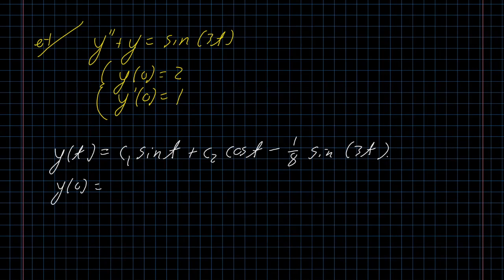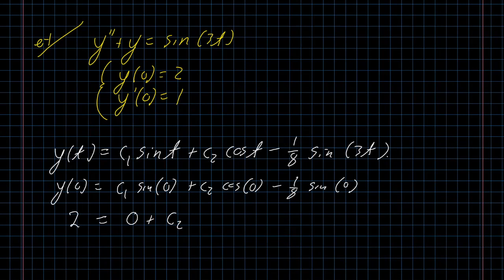Y of 0 is going to be C1 times the sine of 0 plus C2 times the cosine of 0 minus 1/8 times the sine of 0. Sine of 0 is still 0. Cosine of 0 is still 1.